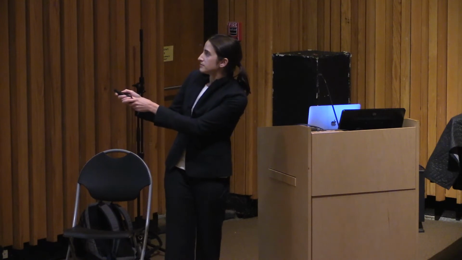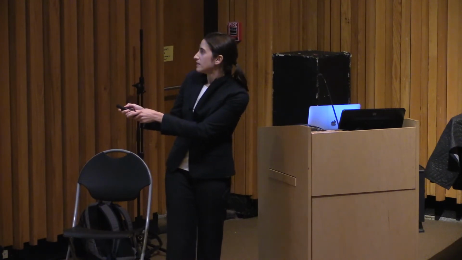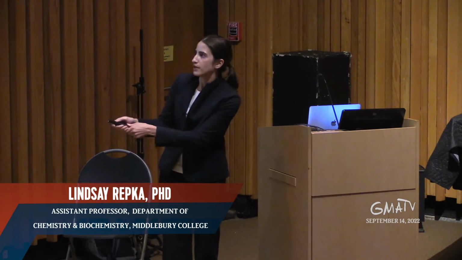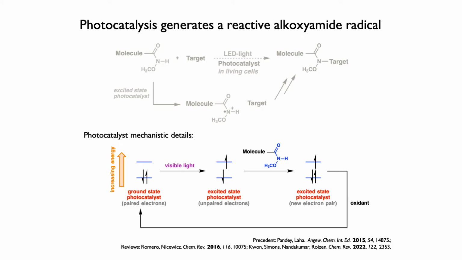At that point, the photocatalyst is still in an excited state. It's not in its ground state. It's not in its original configuration, I guess. Maybe I should have used a different word than excited state, but it's not in its original configuration where it can react again. And if you add in an oxidant of some kind at this point, it will remove this electron from that higher energy.